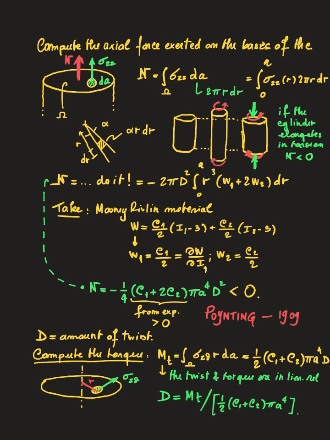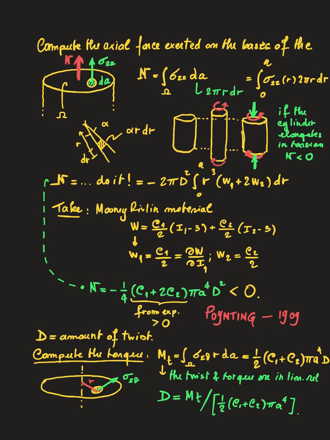So there are a lot of materials for which you can do these experiments, and Michel for sure has talked about experiments in which you take little slabs of brain, for example, and you subject them to a torsion, and from this expression you impose a certain torsion, you measure the twist, or the other way around, and from these experiments you find the value of the constants C1 and C2.